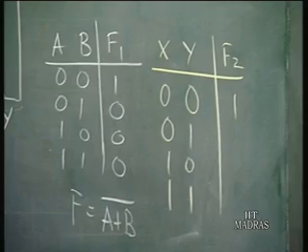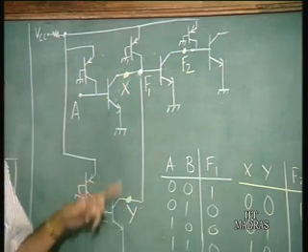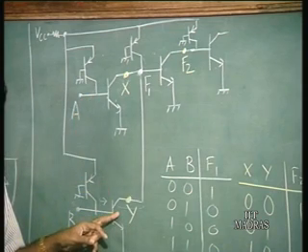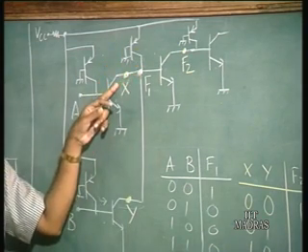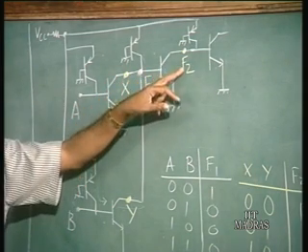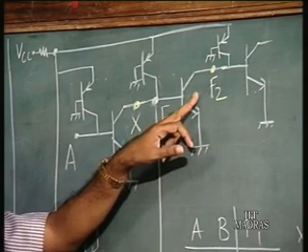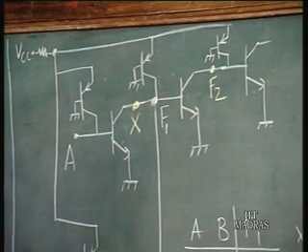Now, if one of them is 0 and the other is 1, that is, one of them in saturation and the other in cutoff. Saturation means the current is going to flow this way. This output transistor here is going to be cut off. So, what is the output going to be?